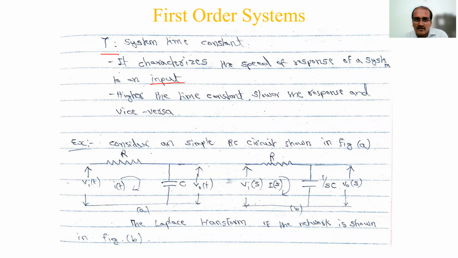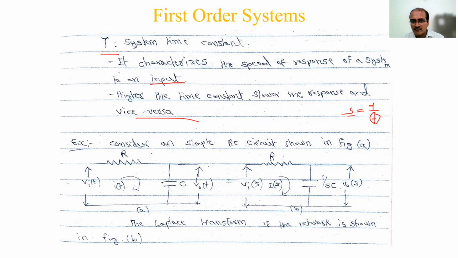Higher the time constant, slower the response, because speed is given by distance by time, and they are inversely proportional. If the time constant is high, automatically your speed is low. So the time constant should be small, only then you'll get a high speed or high response, and vice versa. That is the indication of the system time constant.